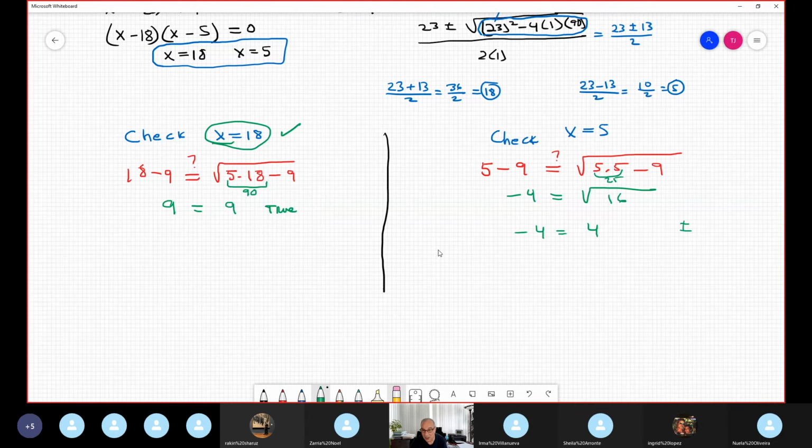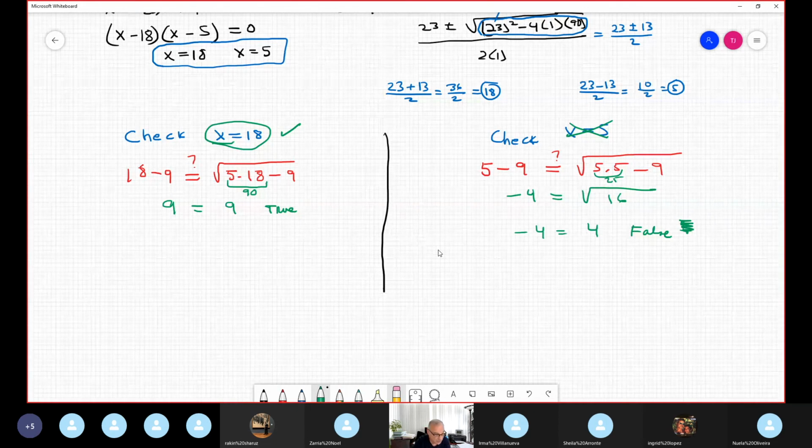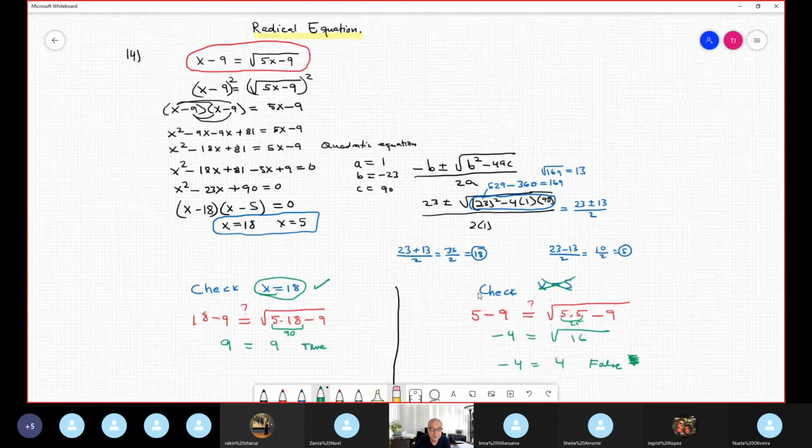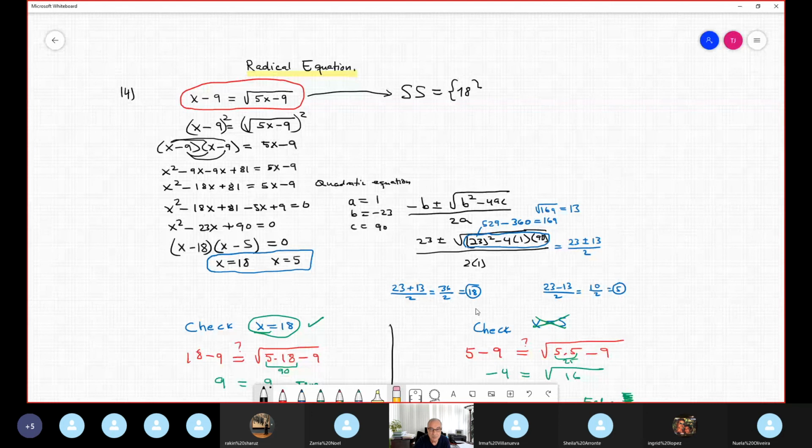In another case, you always take the positive. So this is completely false. So the solution 5 doesn't work, and the only solution that we have in this problem is 18. Solution set. Solution set is 18. Any question?